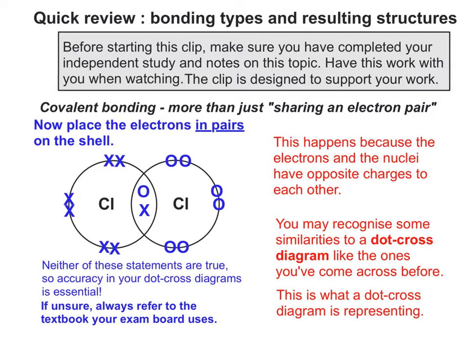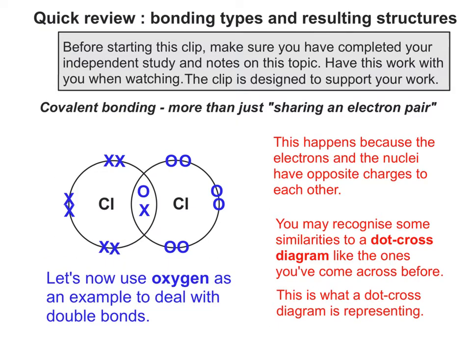There's lots of different versions of these types of diagrams online, some of which are much less accurate than others, so be very careful of just going onto the open internet to check. Always go onto your ebook or your textbook that your exam board or your college is using, because that's the one that your exam will be based on.